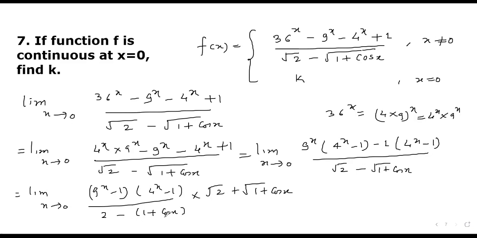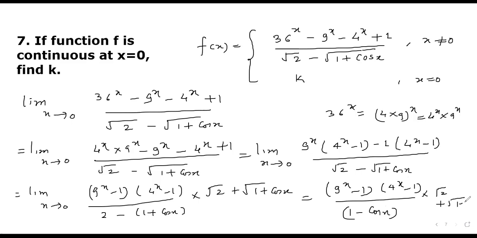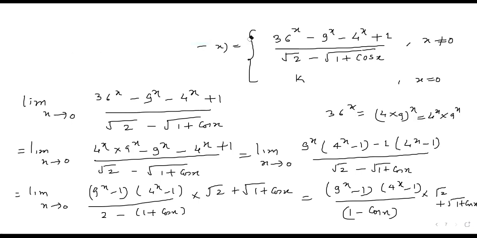So this will become 1 minus cos x. So 9 power x minus 1 times 4 power x minus 1 divided by 1 minus cos x times root 2 plus root of 1 plus cos x. Now let's see further.